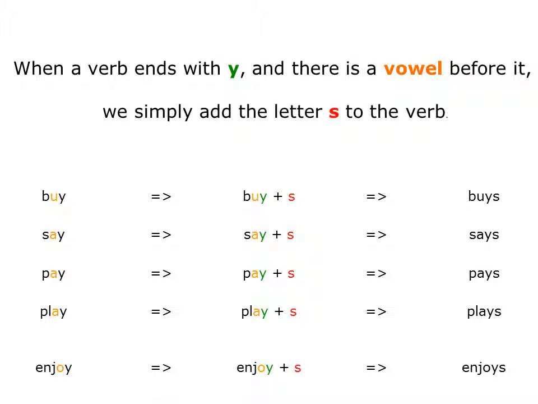He, she, and it, para el presente simple, solo para esos tres. So instead of buy, we use buys, say, says, pay, pays, play, plays, enjoy, enjoys, okay? And that's it, brothers.